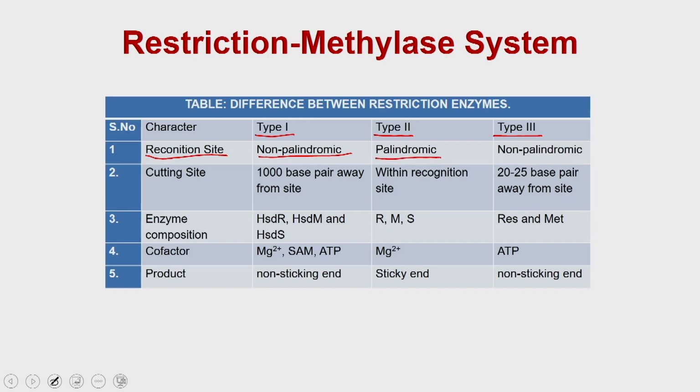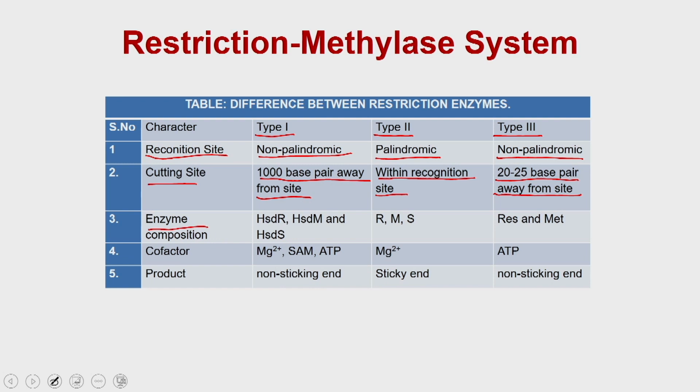Type 2 is palindromic and type 3 is also non-palindromic. The cutting site, as we discussed, is 1000 base pairs away from the recognition site, whereas in the case of type 2 it is within the recognition site, and in type 3 it is 20 to 25 base pairs away from the recognition site.